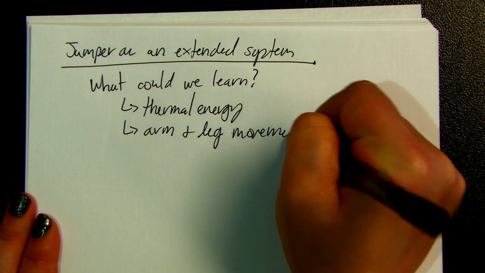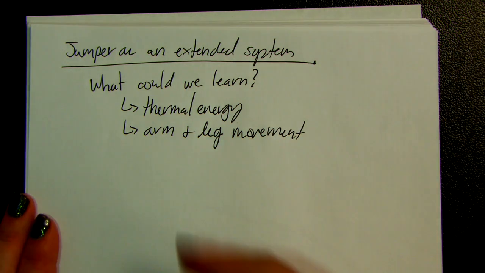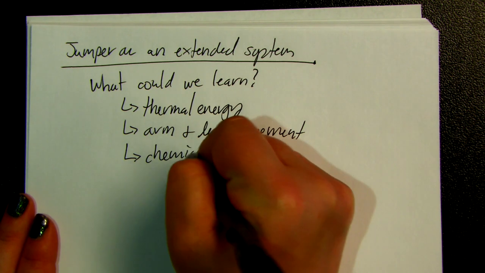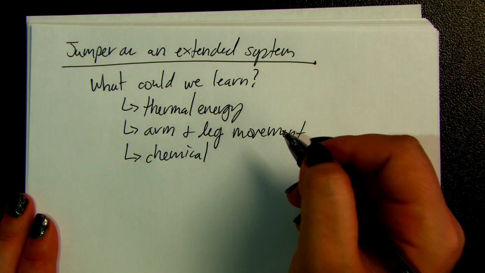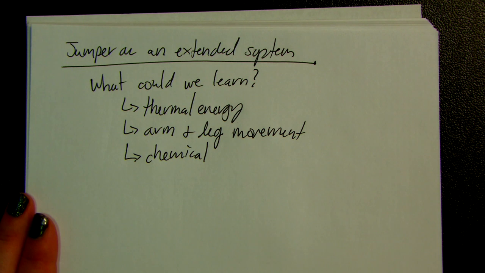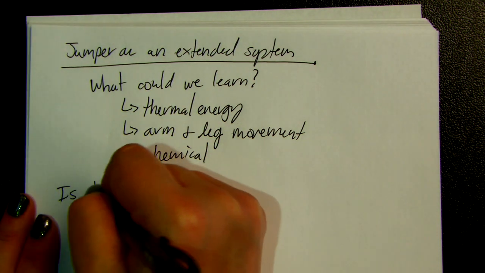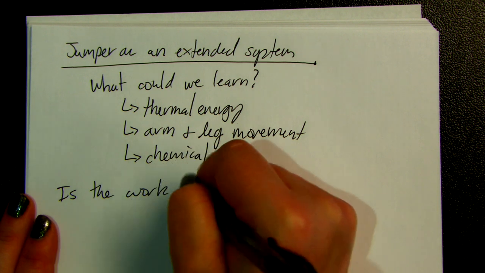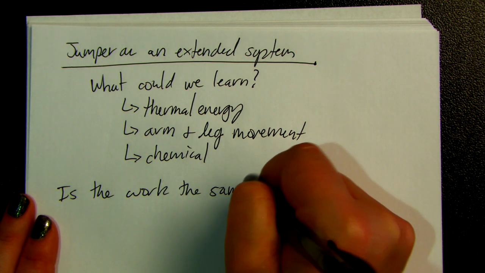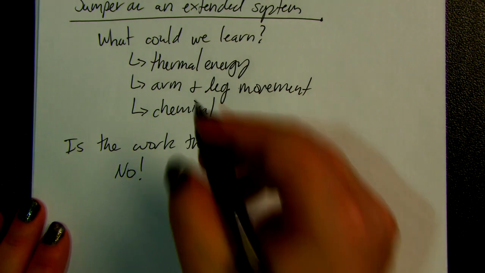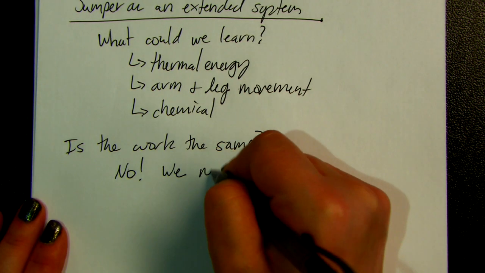And we're going to be doing all of this theoretically and then move into examples where we can make actual calculations. Chemical, depletion of energy, all kinds of stuff. All right, so you might be asking, is the work the same? No. We need to look at where the force is applied.